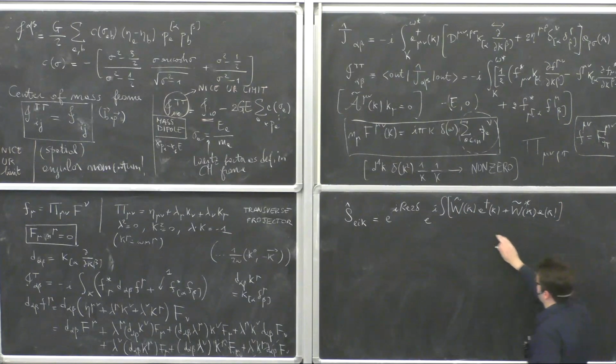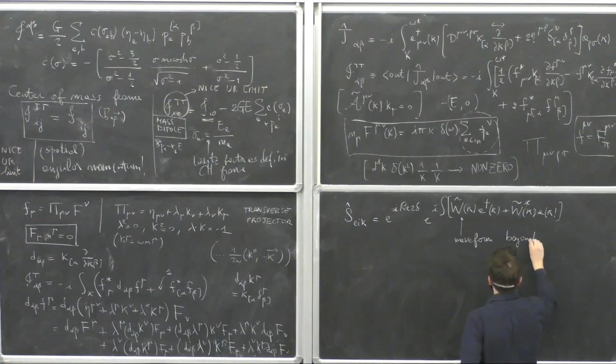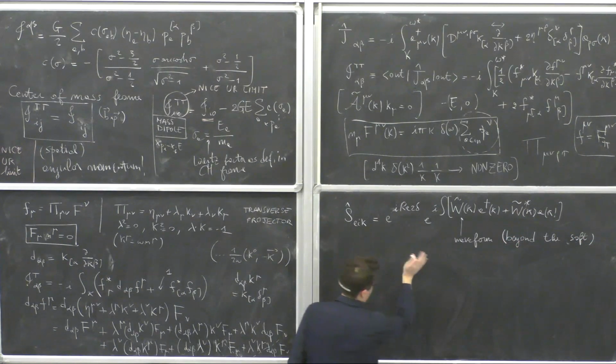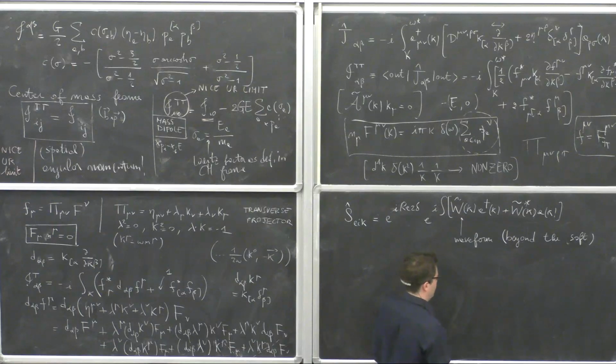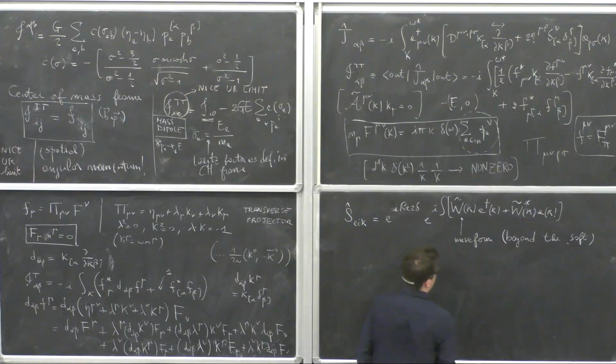And now the guess would be that this guy is the waveform beyond the static limit, or the soft limit. Here, let me focus again on the version of the eikonal operator which doesn't have any zero frequency mode for the moment, just because it's a bit simpler. So beyond the soft limit.